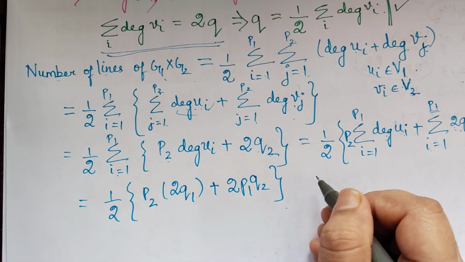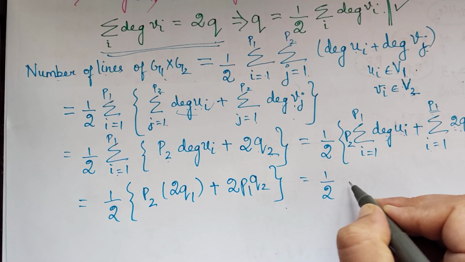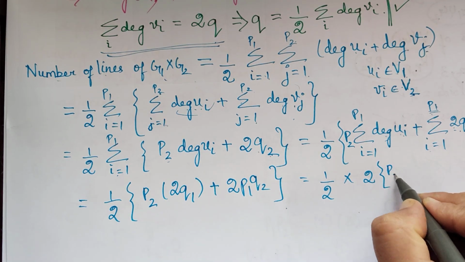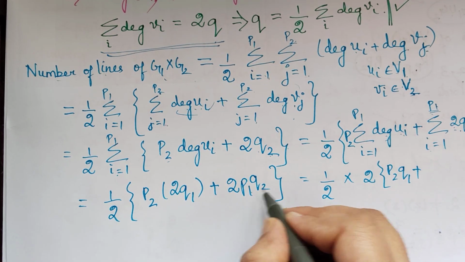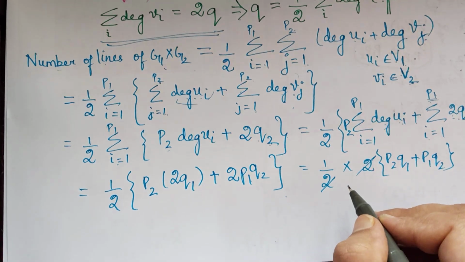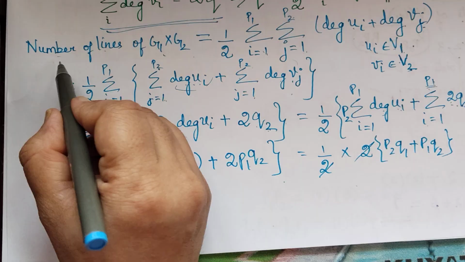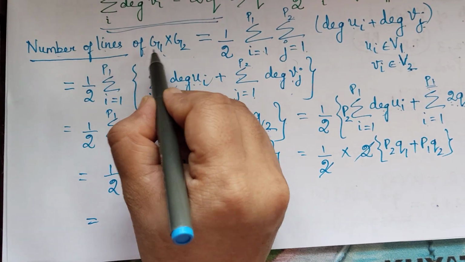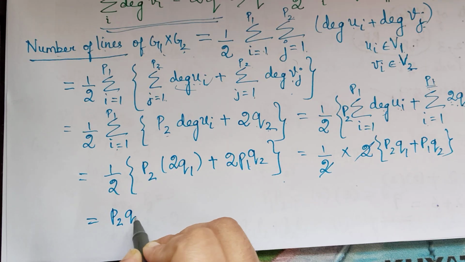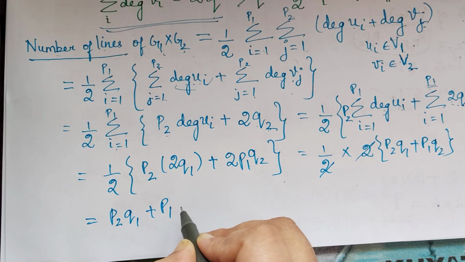Now we can take this 2 common from both the terms. So 1 by 2 multiplied with 2, and within bracket we will have P2Q1 plus P1Q2. So this 2 will get cancelled, and therefore the number of lines of G1 cross G2 will be equal to P2Q1 plus P1Q2.